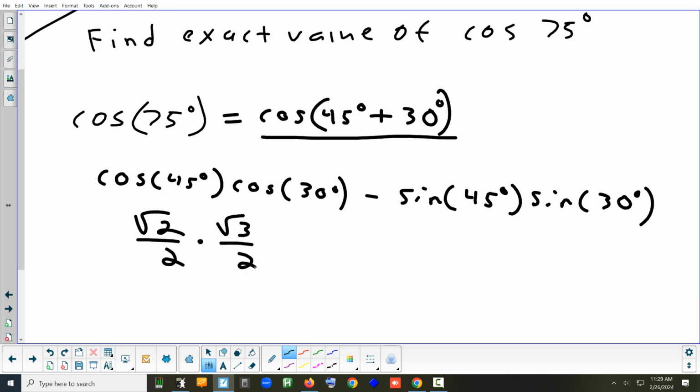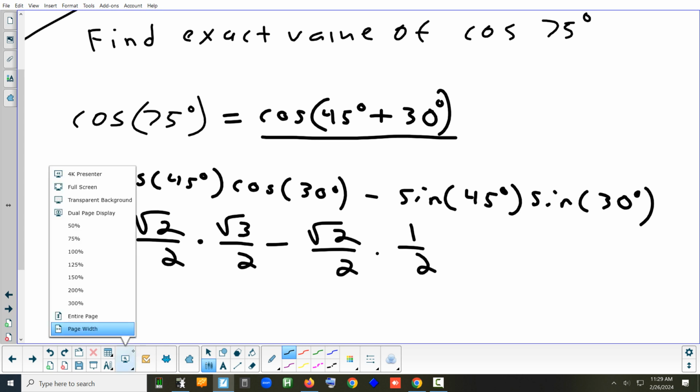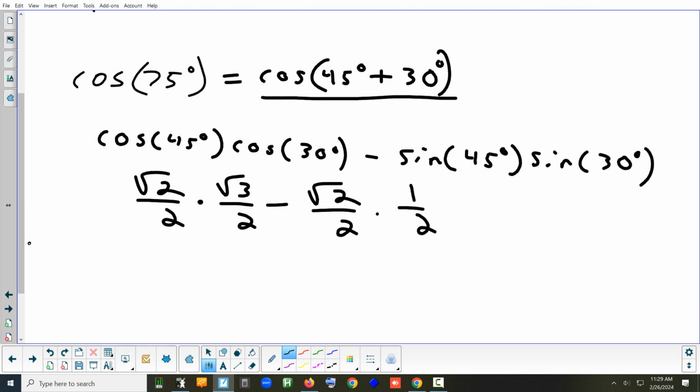The way I remembered that is I just imagined the triangle in my head. The long side is on the x for the 30. What about sine 45? Root 2 over 2. And the sine of 30, now you're looking at the short side, 1/2. It's almost the same answer as the first problem, except it's a minus instead of a plus.